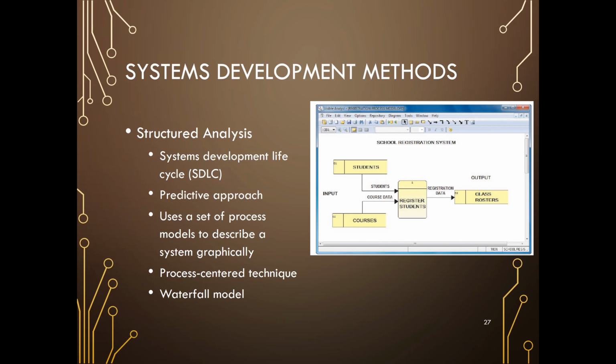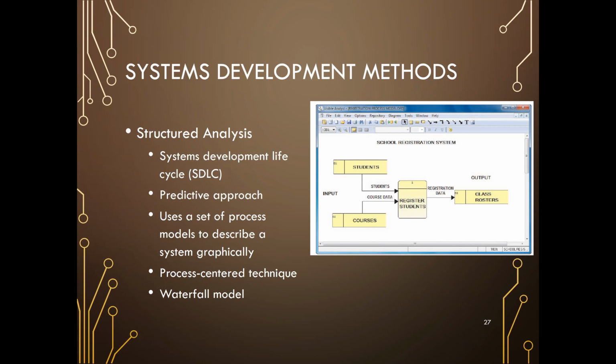Here it says that to register a student, you need the information from student and from course to process in the registry process. The output of this process is registration data that will be stored in the class roster. So this is the graphical display for the process that you have in the information system.